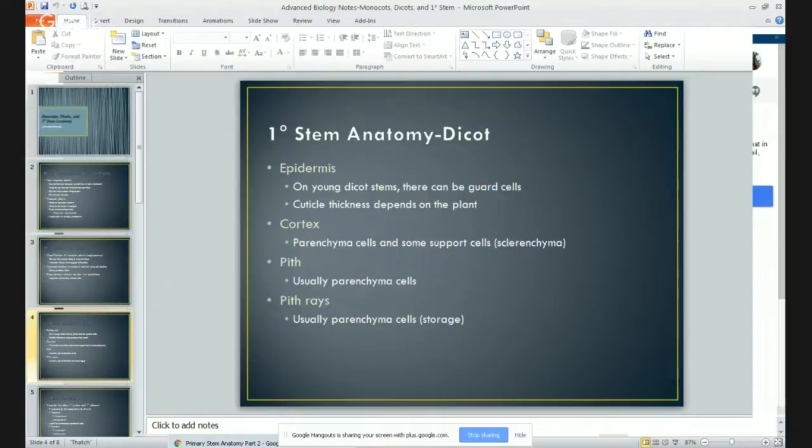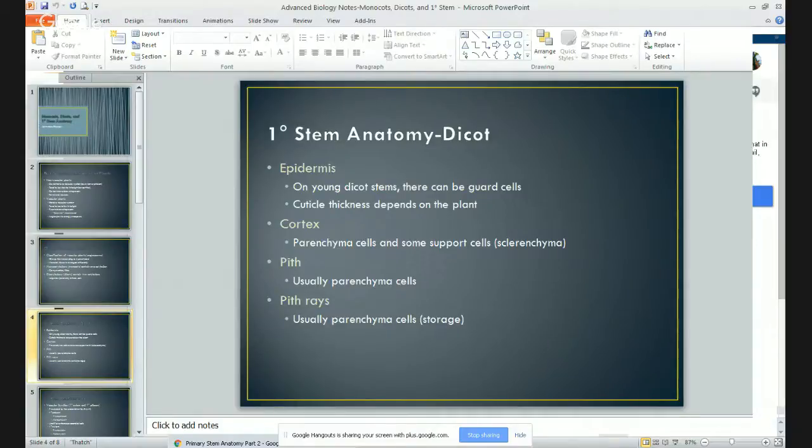With your epidermis, just remember that it's there to protect your stem, and it can have that cuticle layer around it, which is going to depend on your plant as to how thick that is.